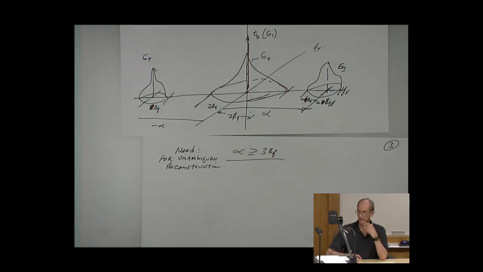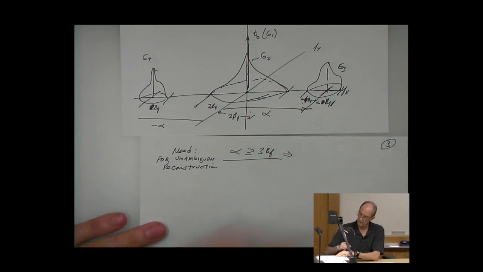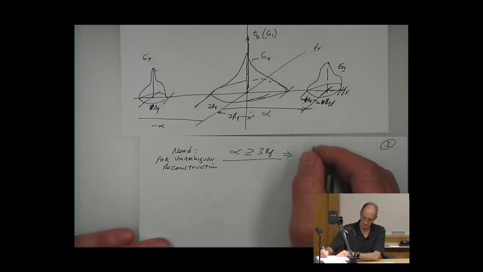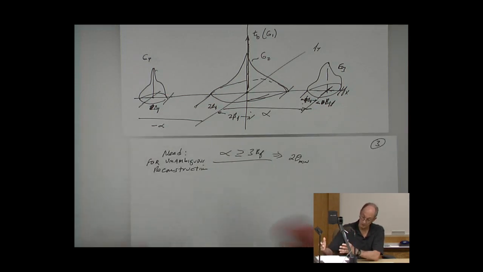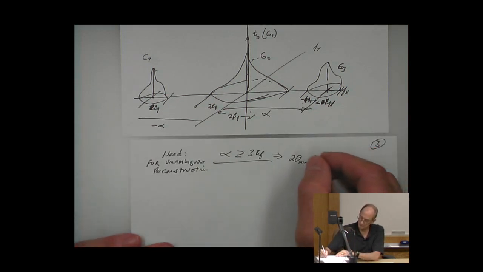However, having said that, what does that imply? Alpha is, again, sine of 2 theta over lambda. So we see that 2 theta, the minimum angle that we need, must be greater than or equal to the inverse sine of 3BF times lambda.